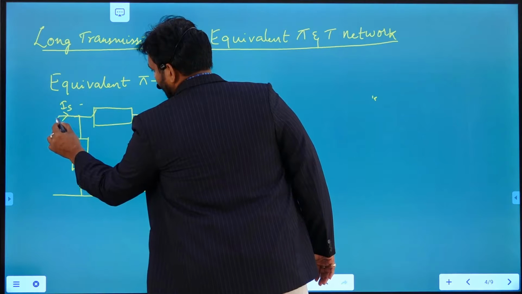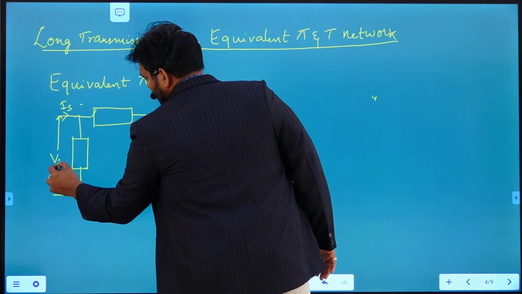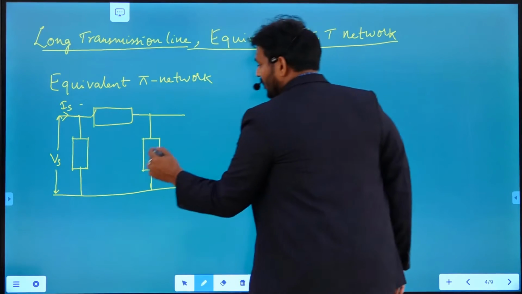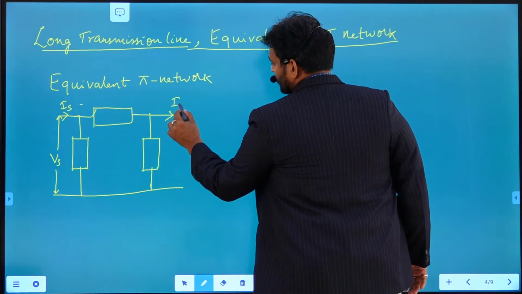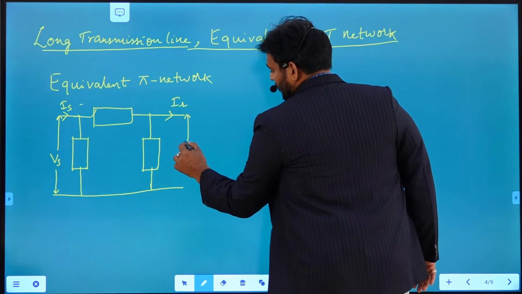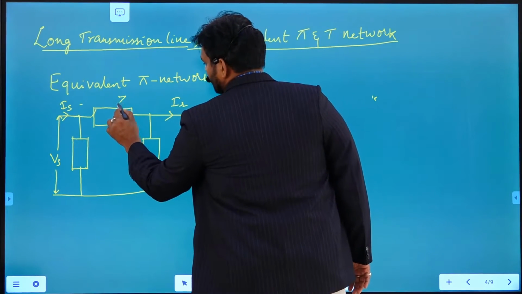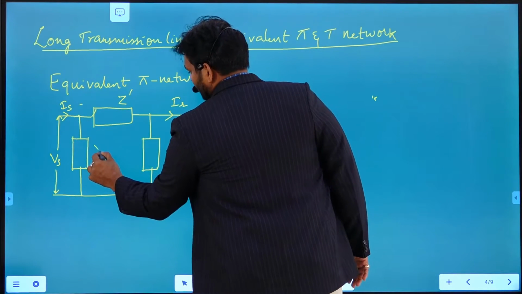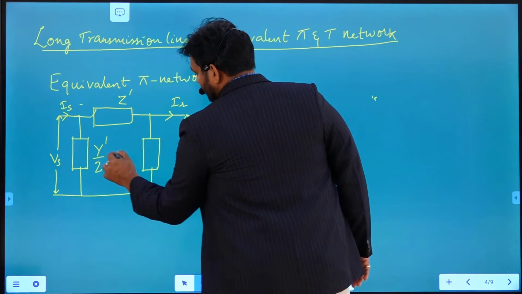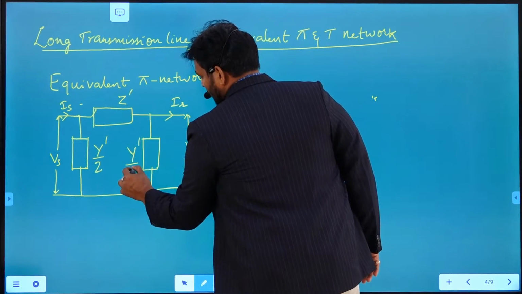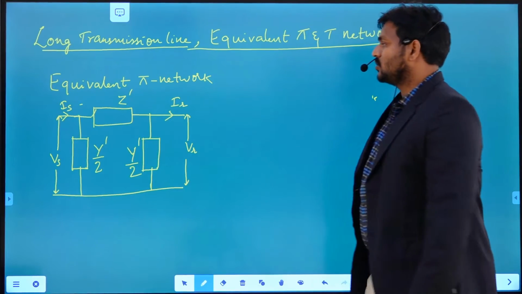This is the sending end current, this is the sending end voltage, this is the receiving end current, and this is the receiving end voltage. This is the series impedance taken as Z dash. This is shunt admittance Y dash by 2, and this is also shunt admittance Y dash by 2.